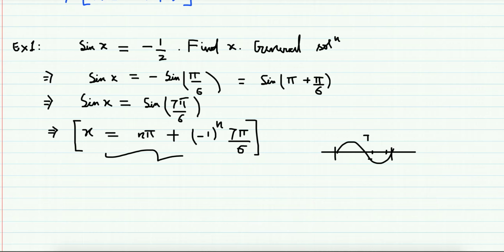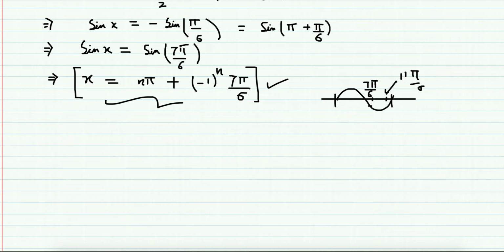So 7 pi by 6, and this second one is 2 pi minus pi by 6, so 11 pi by 6. These two are the principal solutions, and this one is the general solution.